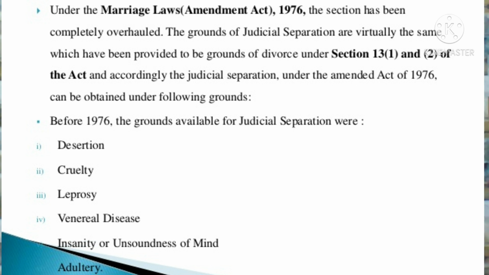Sixth is leprosy, mentioned in Section 13, Clause 1, Subclause 4. Next is renunciation of the world, mentioned in Section 13, Clause 1, Subclause 6. Seventh is civil death, mentioned in Section 13, Clause 1, Subclause 7.